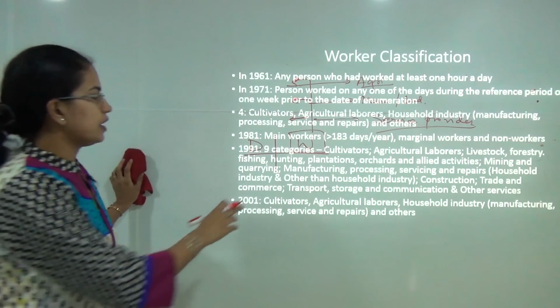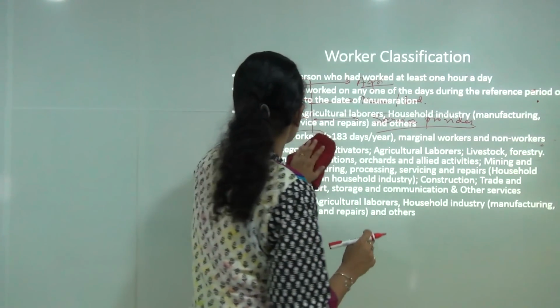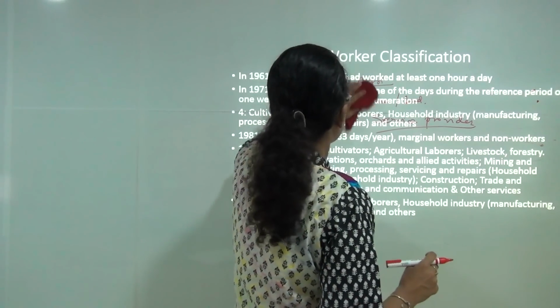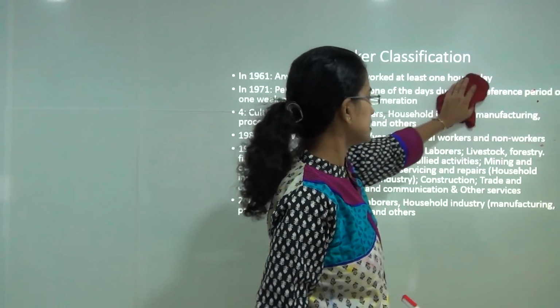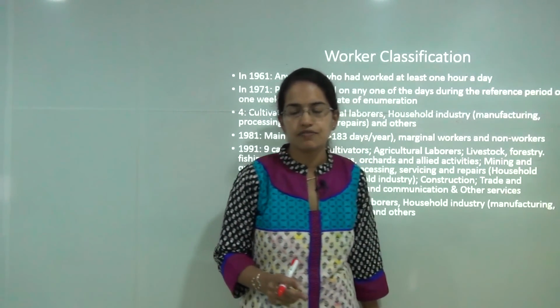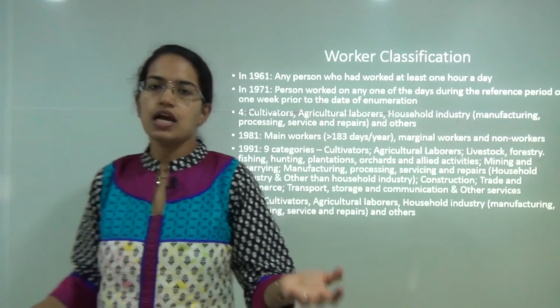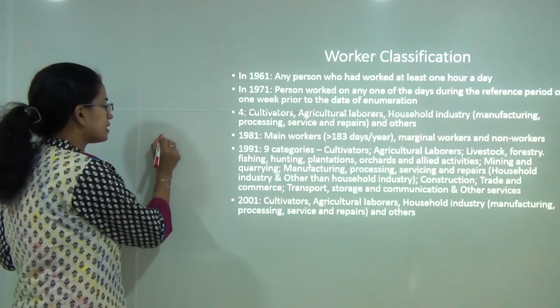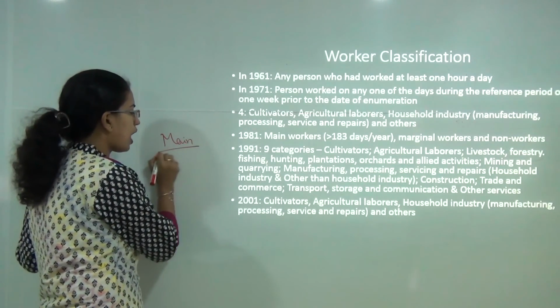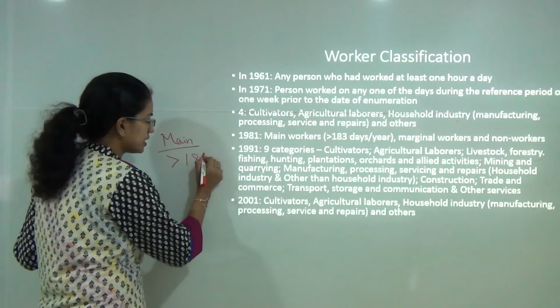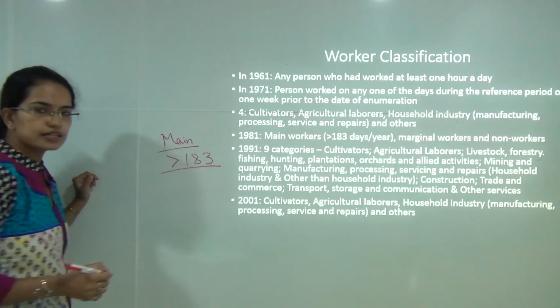Now, if we try to understand the workers classification, the working population in India as per census is classified into main workers and marginal workers. Main workers are those who have employment for more than 183 days in a year.